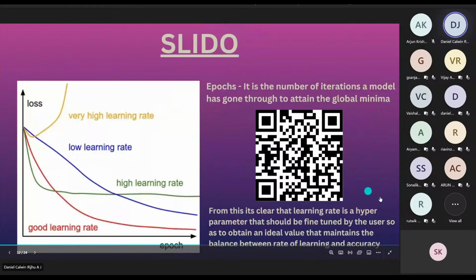That is a consequence of this model oscillating about the minima. Whereas for the red color coded curve, you can see even after this particular point, the model is still trying to reduce the loss. That is basically why the red one corresponds to a good learning rate, whereas the green one corresponds to the high learning rate. So I hope you guys are clear with this. We'll proceed then.